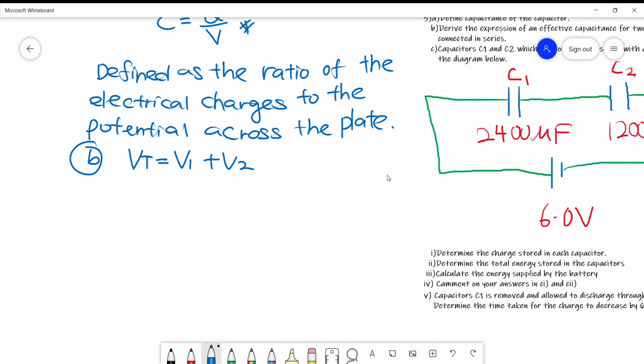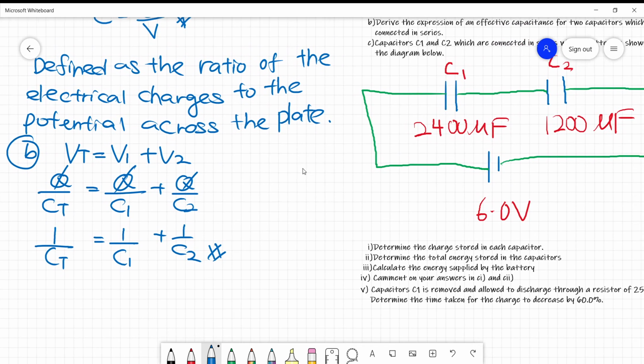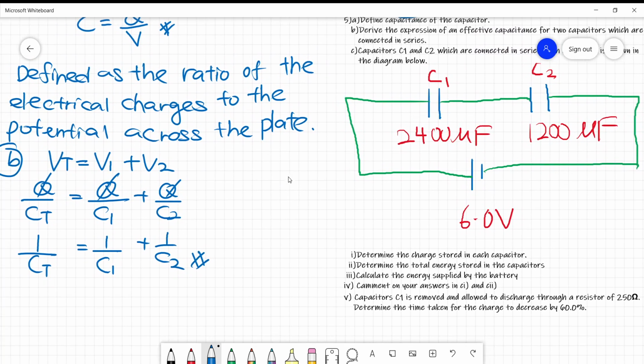So that is Q over C1 plus Q over C2, which is Q over CT as well. So Q can be cancelled. Finally, 1 over CT is equal to 1 over C1 plus 1 over C2. This is the derivation for the effective capacitance for capacitors connected in series.